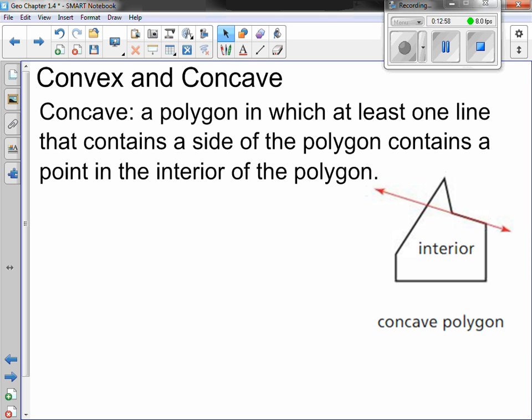If you extend one of the sides and it goes inside the figure, then it is concave. It caved in. It goes inside. The line, when we extend it, goes inside the figure.